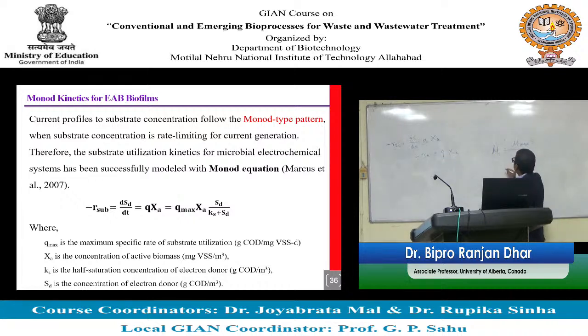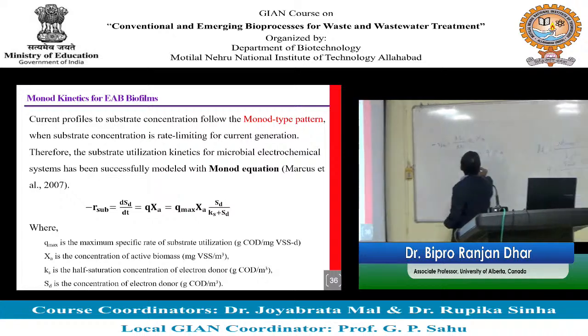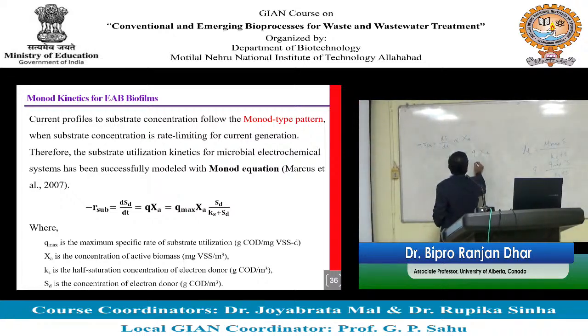So here it is going to be q max times S over Ks plus S. The only thing is I'm replacing mu with q. So now what I can write is q max XA S over Ks plus S. Can we write this?